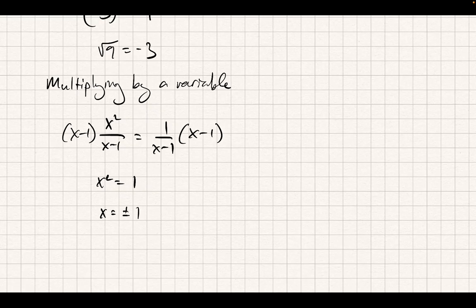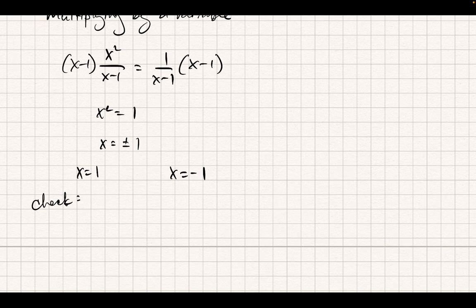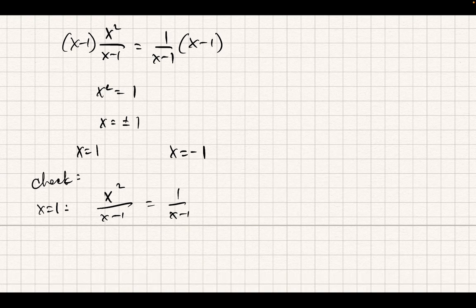Are these both good solutions? No, because the positive 1 will make zeros in the denominator if you plug it in. So out of my two solutions, we have to check our answers. If I plug x equals 1 into the original equation, what happens?